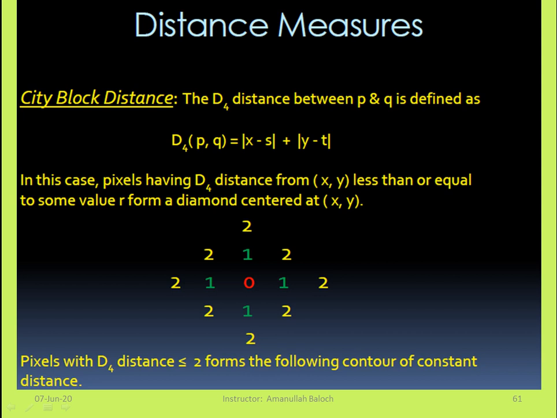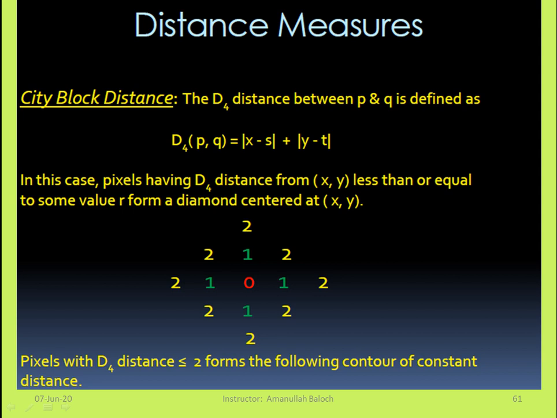The distance D4 between P and Q is defined as the absolute value of x minus s plus the absolute value of y minus t. Let's suppose this is the central pixel. Then what is the distance between this pixel and this pixel? The distance is 1. How? Along the x-axis the value is increasing from 0 to 1.